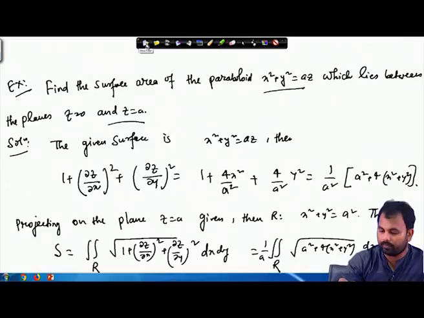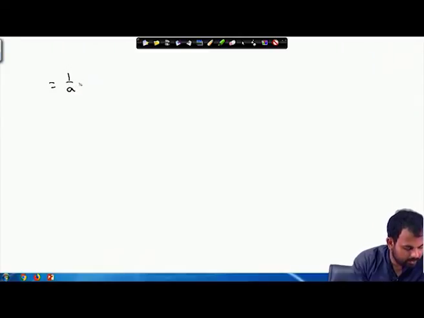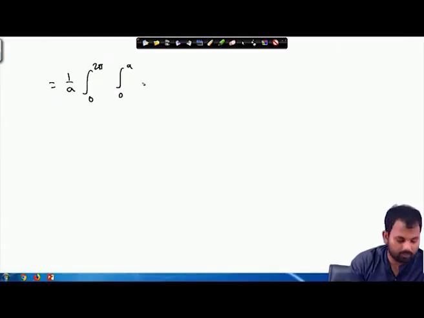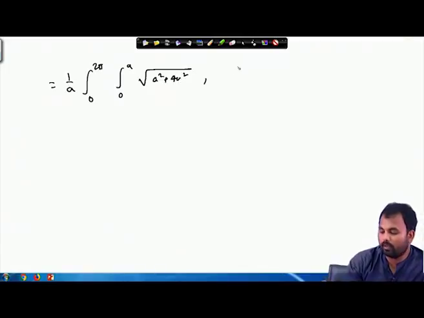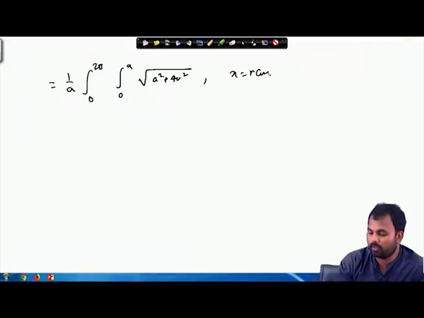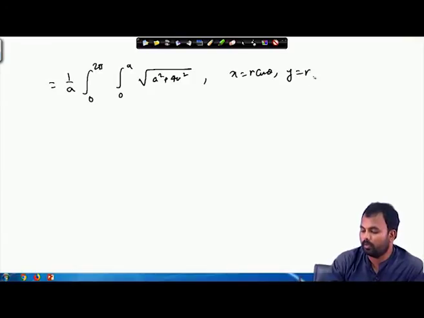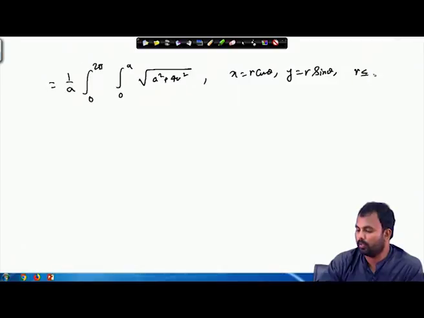All right. Now, this can be written as 1 by a integral from 0 to 2 pi integral from 0 to a, we will have square root of a square plus 4 r square, where x equals to r cos theta and y equals to r sin theta, where r is between 0 to a and theta is between 0 to 2 pi.